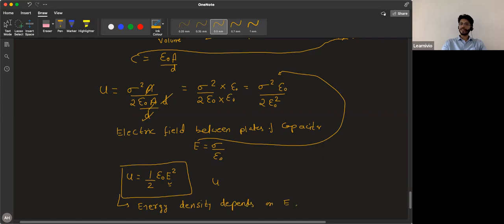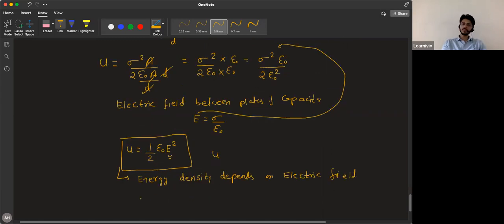Or you can say that energy is stored in the electric field. In a capacitor, the energy is stored in the electric field. So in a capacitor, the electrical energy is in the field itself.